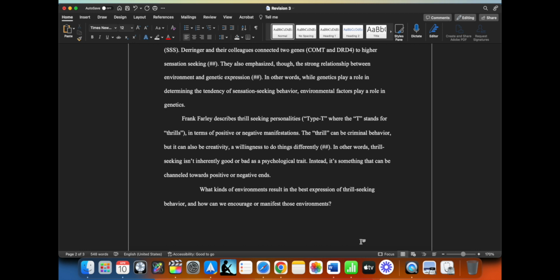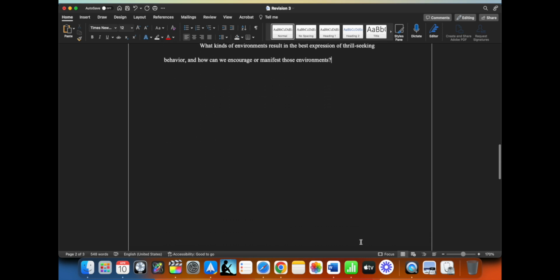And so while it is beyond the scope of this paper to recommend a specific environment, we can say that adjusting thrill-seeking behavior at the level of the individual is probably not something that would be beneficial for policy or for community goals or anything like that, that we need to be focusing at the level of the environment. And that would be my conclusion, right? That would be the conclusion of that paper.